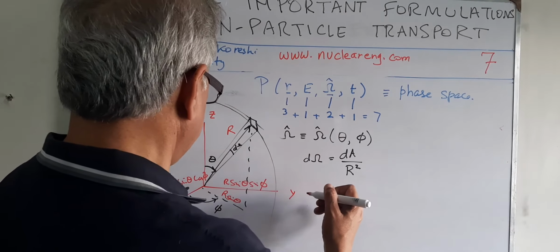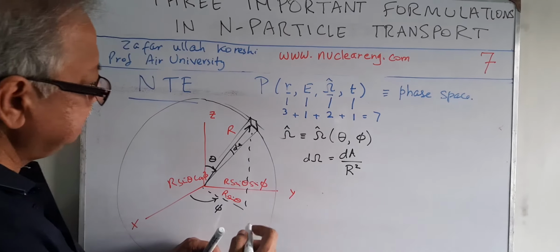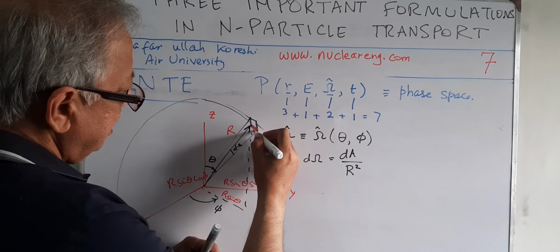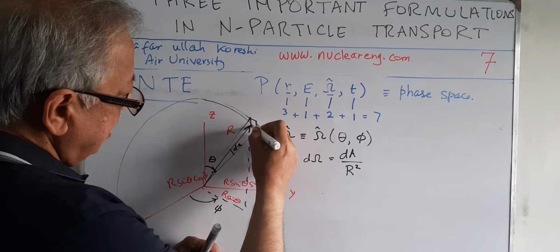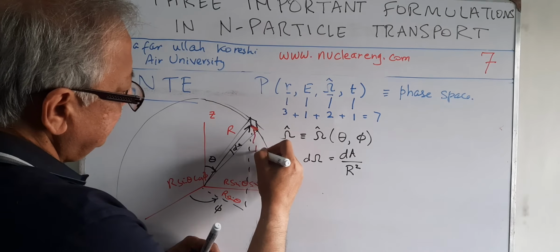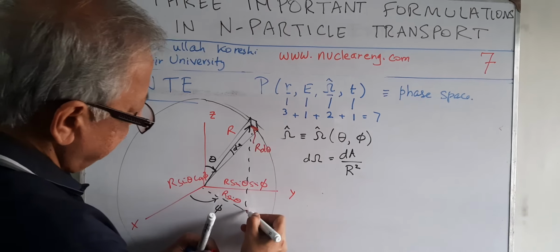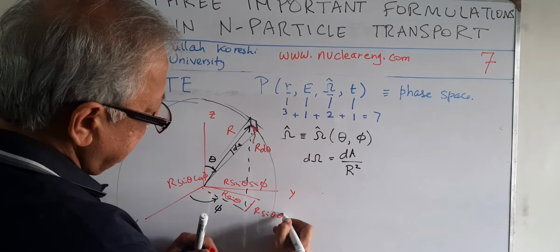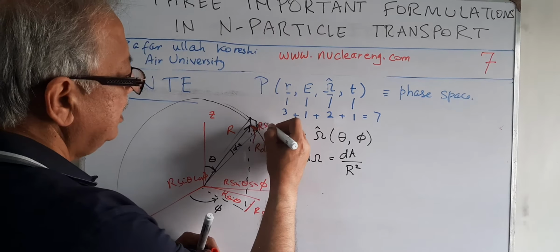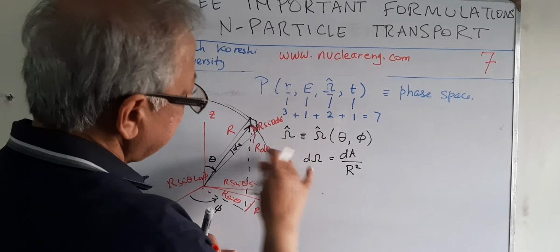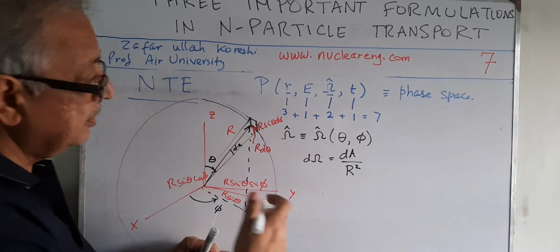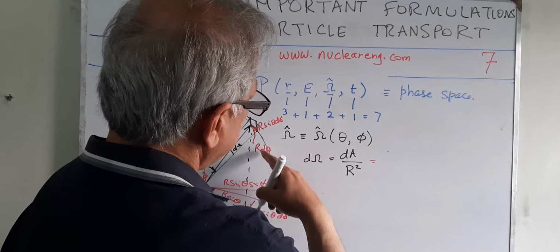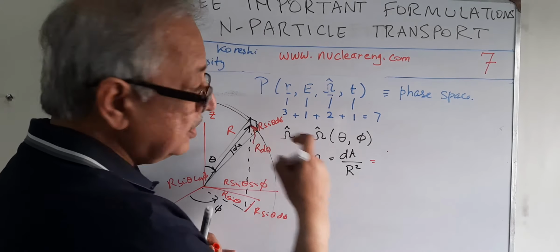So what do you get over here? This side becomes r times d theta. And if you move a little bit in phi, this becomes r sine theta d phi. So the box on the football has an area which is the product of the length times the width.